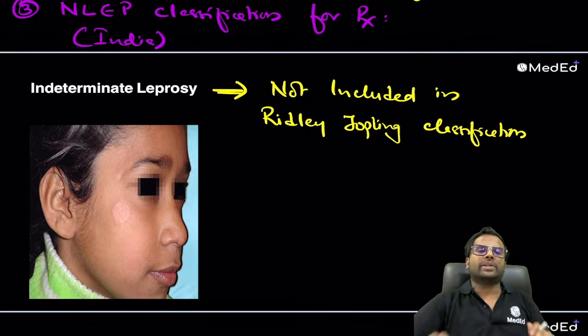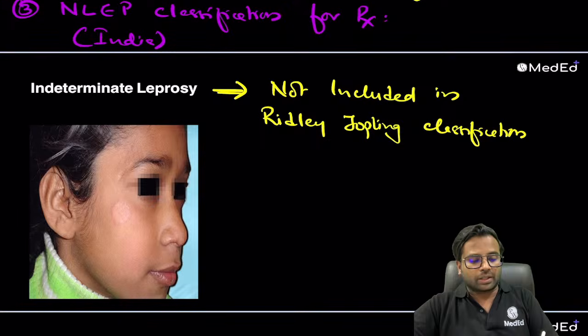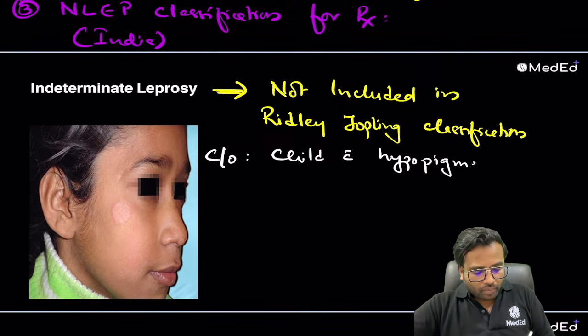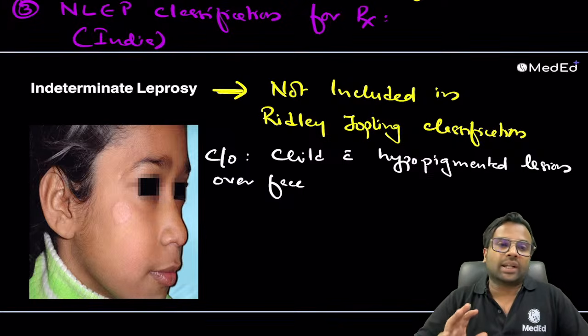Now just imagine that you are getting a patient who is a child with a hypopigmented lesion over the face. This is a typical clinical scenario.